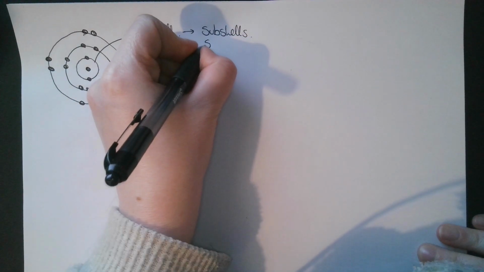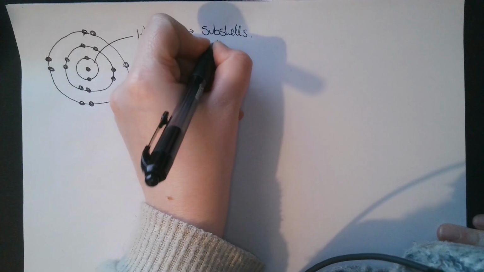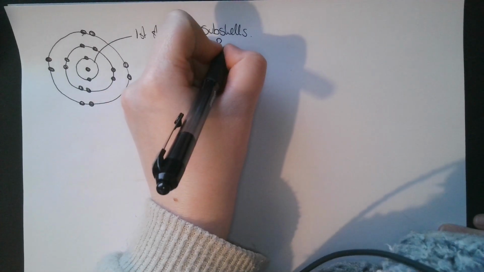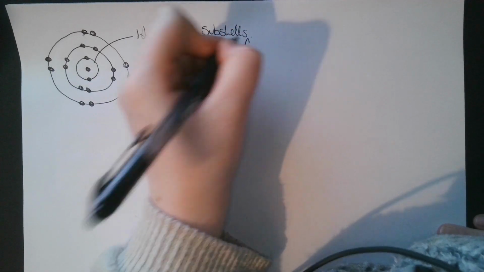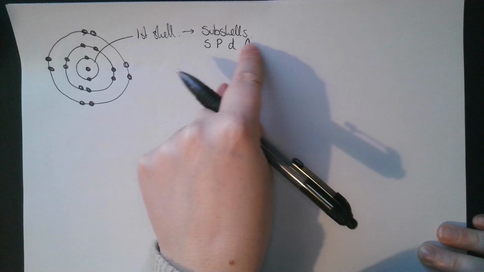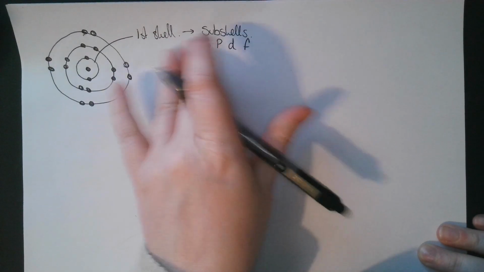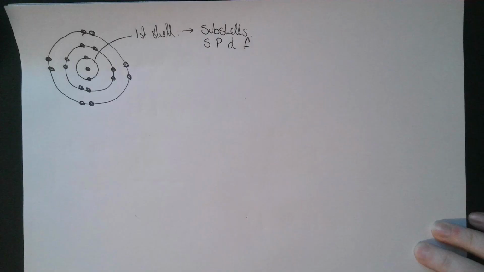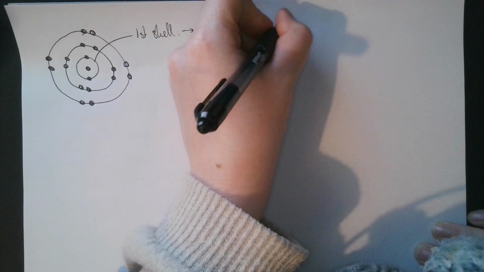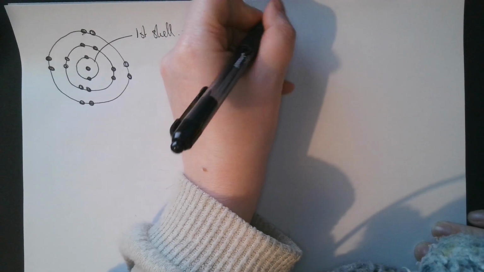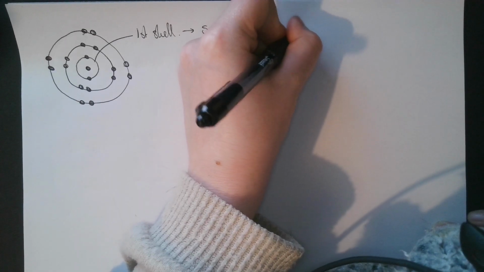We have S, P, D, and F. We're not going to be talking a lot about F, okay? But those are the 4. And within each of these subshells, there are orbitals.